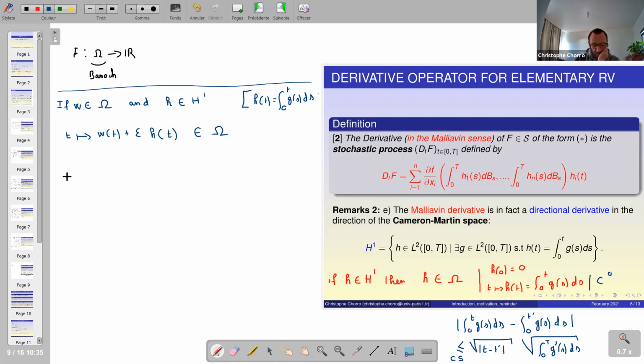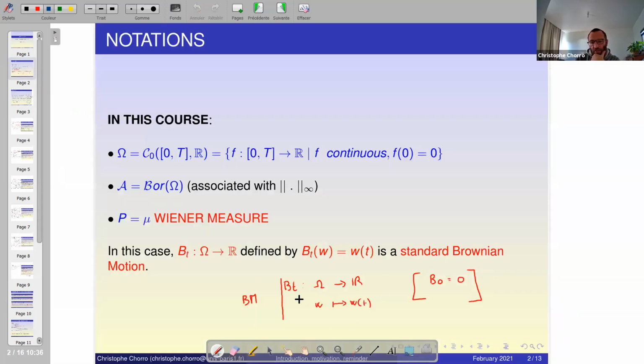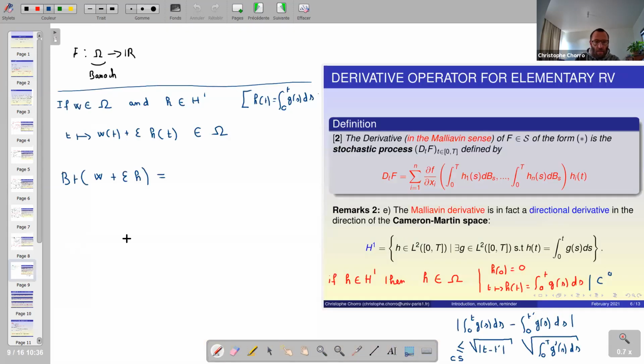Keep in mind that B_t of this mapping w plus epsilon h is equal, by definition of B_t, to w(t) plus epsilon h(t). I keep in mind that the B_t I have defined in this course is just this thing associated to any element in Omega, its value at time t.